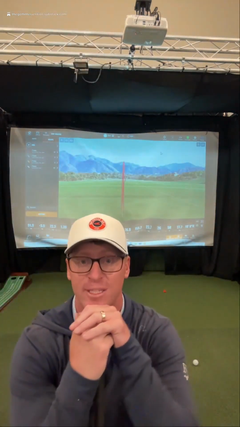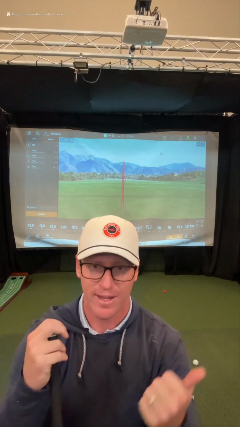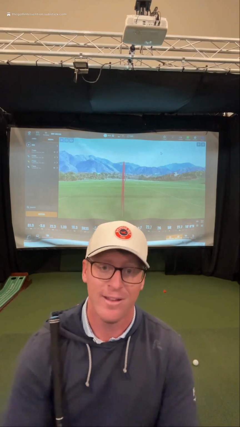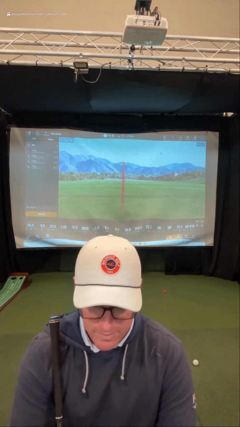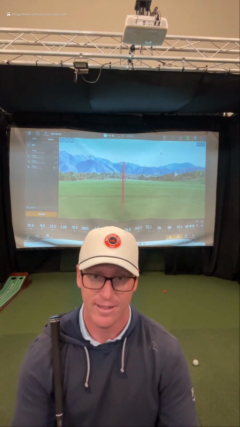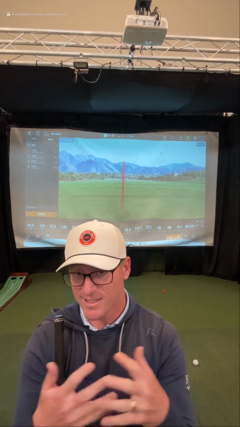So I would never explain it this way to a new student. I would never tell a golfer that I only see a couple times this. And honestly, I hardly ever tell golfers this information. You can tell me if it's helpful, if I need to figure out a way to make it a little more concise and digestible.